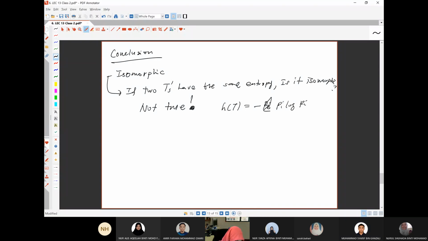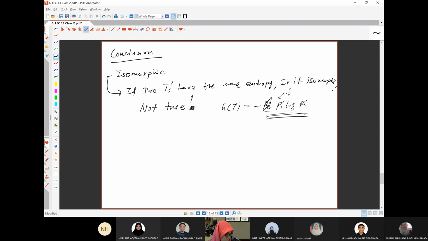So if the Bernoulli shift divides into 3, meaning 1/3, 1/3, 1/3 for the pi, it will give a different result. If you divide the other one into 2 partition elements, you get log 2, right? So they are different.